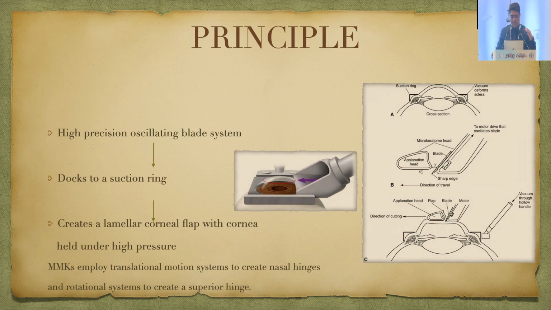Microkeratomes either use a translational motion system, like the Moria SBK or Amadeus, where we create a nasal hinge, or a rotational type of system like the Hansatome, where a superior hinge is created, or a nasal hinge can also be created.